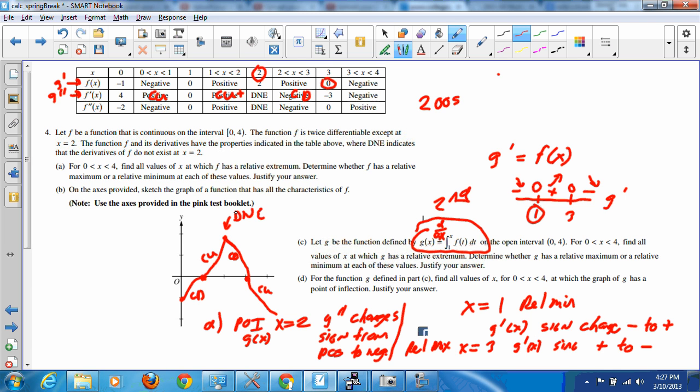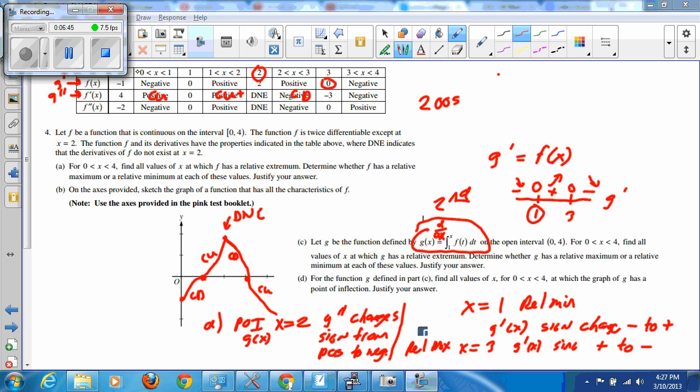So we used that g prime was actually f, and then that f prime was g double prime, or the second derivative of g. And then we just interpreted the chart just like we did before. So this is a good problem, and hope you followed along just fine. And we'll see you next time.